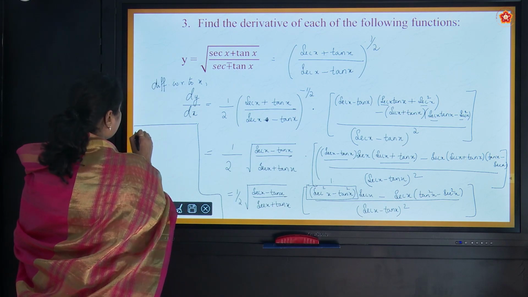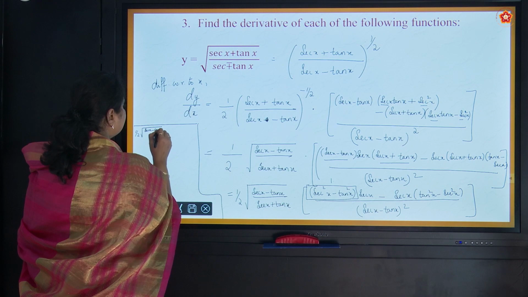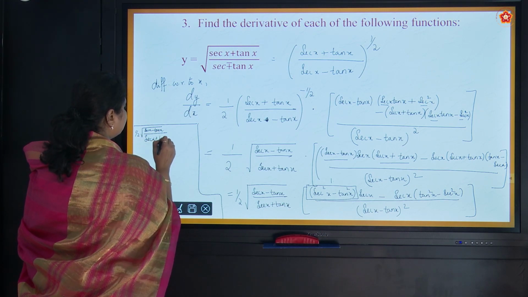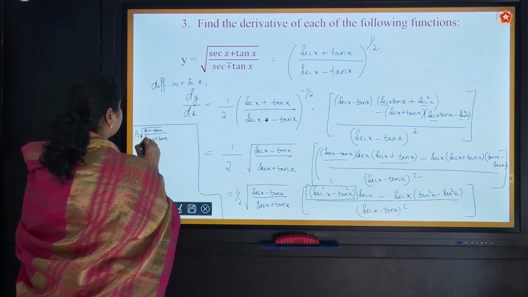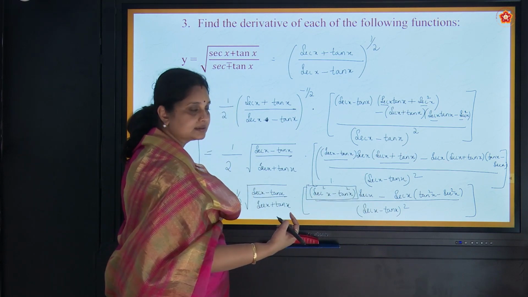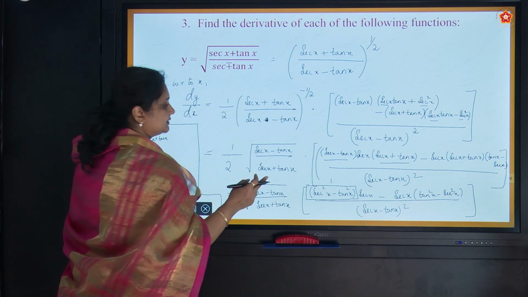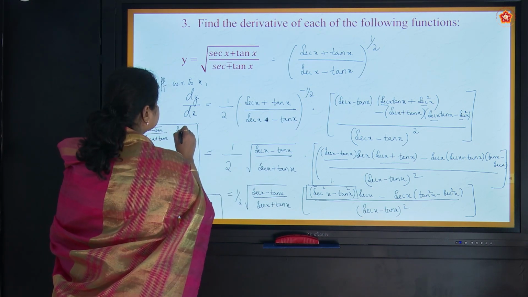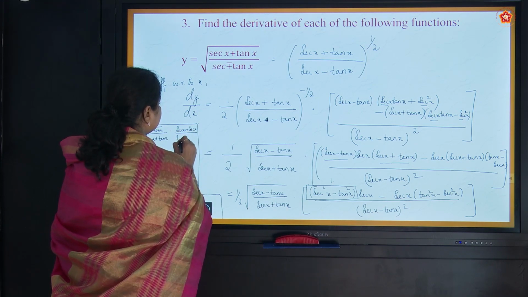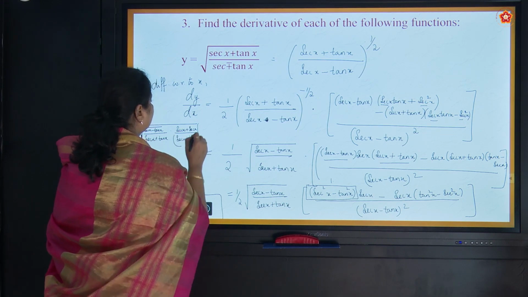So I have half root of secant x minus tan x, this is 1 into secant x, this is minus 1 into minus secant x, so this is secant x plus secant x by secant x plus tan x the whole square.